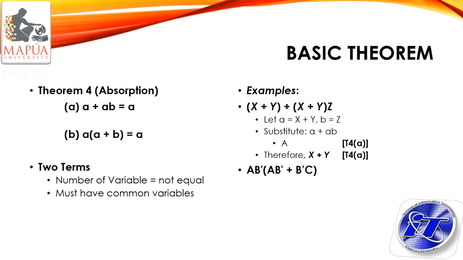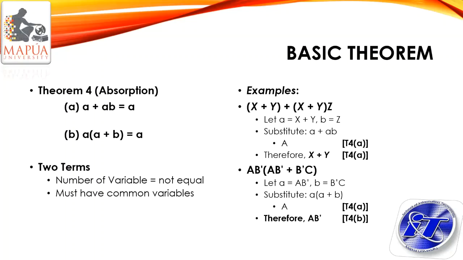Just to prove that we could implement theorem number 4, let A be AB naught, let B be C. Substitute, we have A added to A plus B, the same as form B. So therefore, it is equivalent to A. And we all know what A is: AB naught. So that will be our answer.